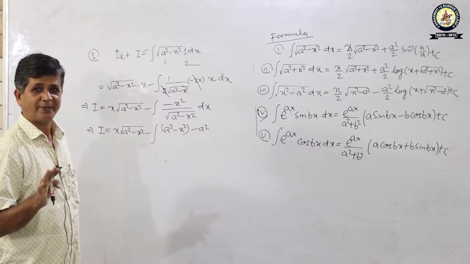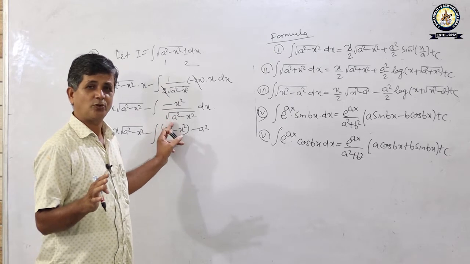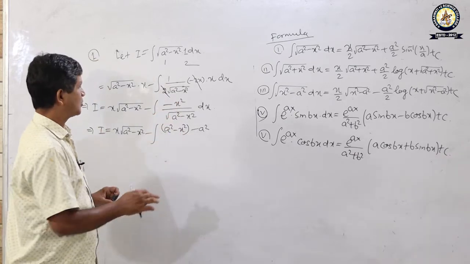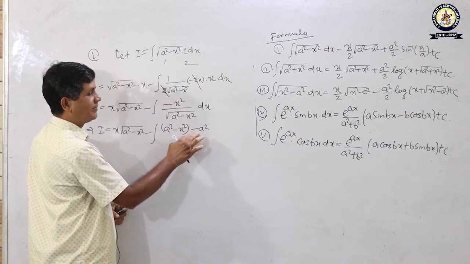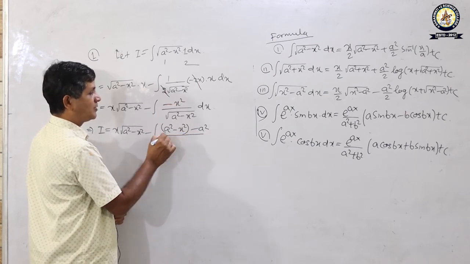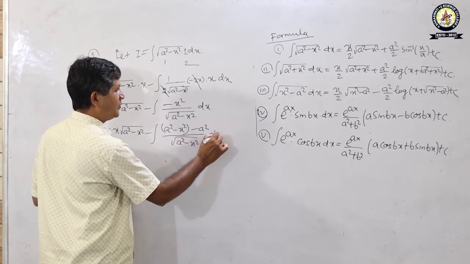Which factor is in the denominator? A square minus x square. That factor will be balanced in the numerator. So we write a square minus x square in the numerator, and to balance it, we make it minus a square, over root of a square minus x square into dx.